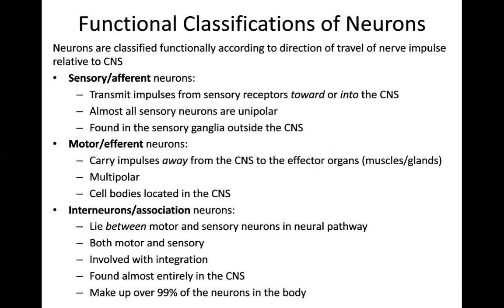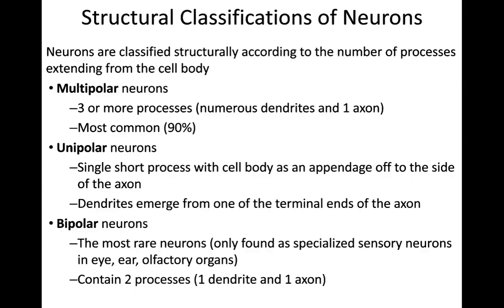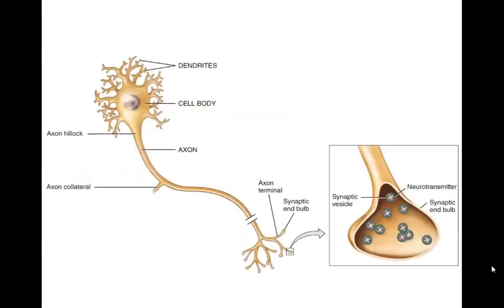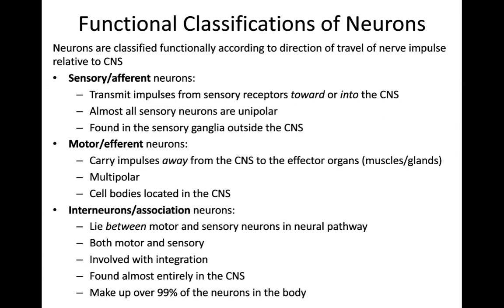We've seen the word sensory and afferent just a few minutes ago when we talked about the two-lane highway that I was discussing. And we said afferent or sensory refers to incoming information. Once again, it's always relative to the central nervous system. So sensory afferent neurons are going to transmit impulses from sensory receptors toward or into the central nervous system.